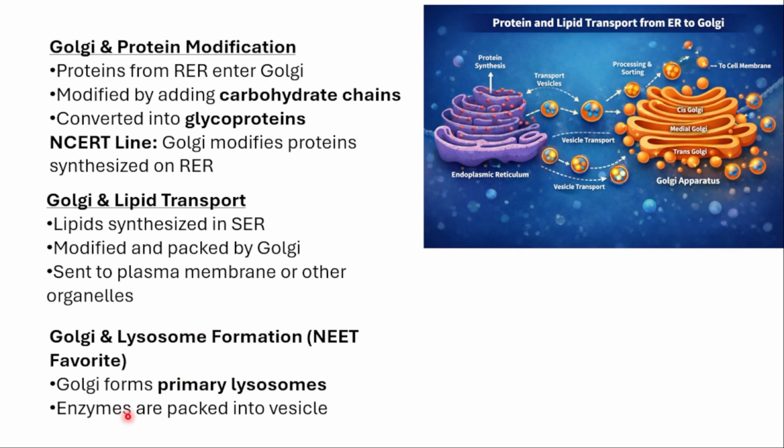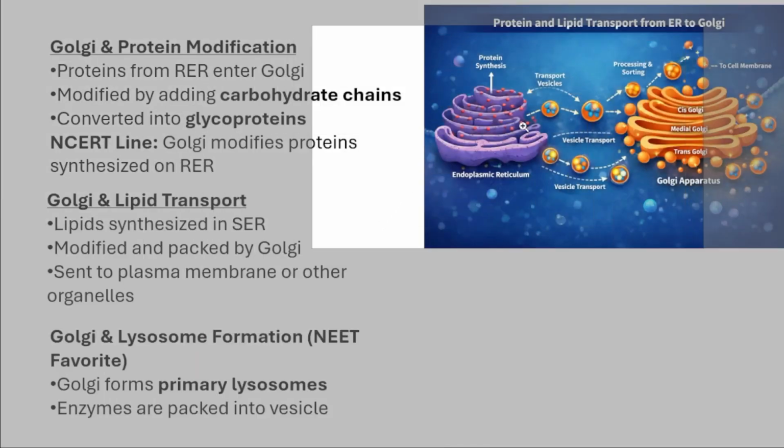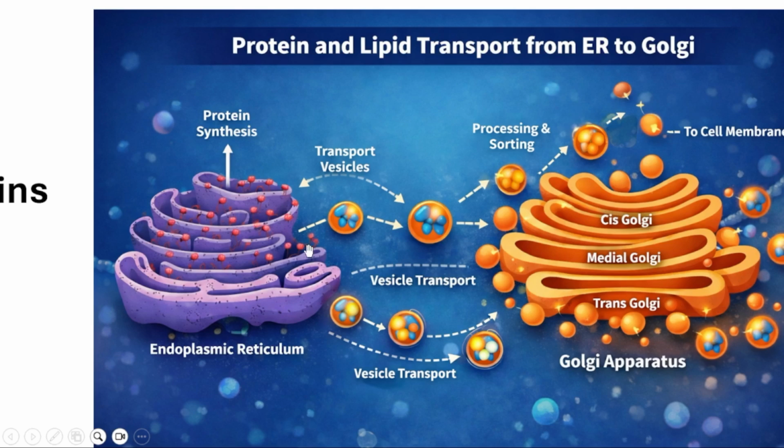See here, let me zoom this one. This is the endoplasmic reticulum, and the protein is going to be synthesized. After the synthesis, that protein is transported through a transport vehicle to the cis Golgi.